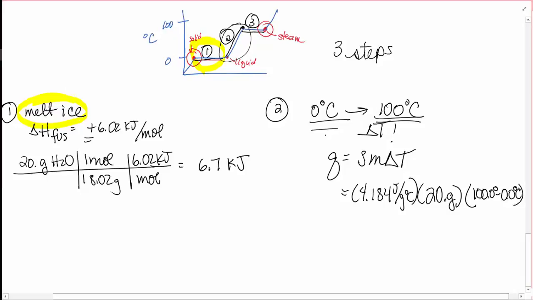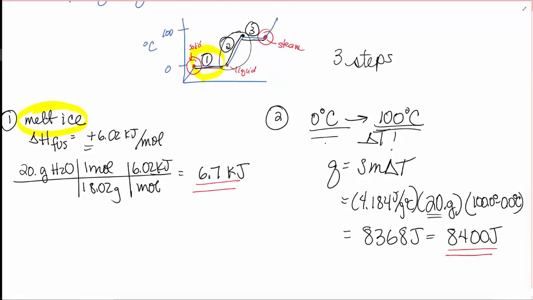That's a positive number. And when I solve for that, I get 8,368 joules. But I'm only allowed 2 significant digits, so 8,400 joules. So it takes that much energy to melt it and this much energy to raise the temperature to 100.